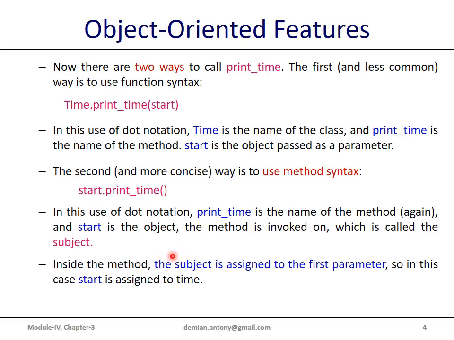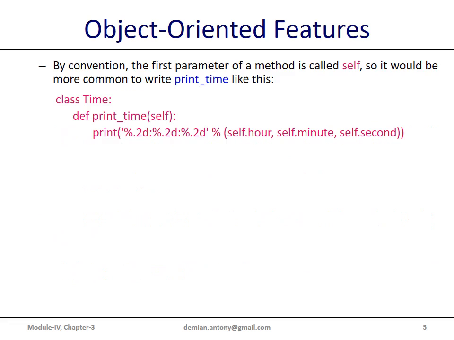And remember, inside the function print time, we found one parameter, and here, since this subject is the object on which the method is being invoked, this subject becomes the first parameter. You have to always remember the subject. If you have a method involving a number of objects and other parameters, the subject will be the first parameter in the method.